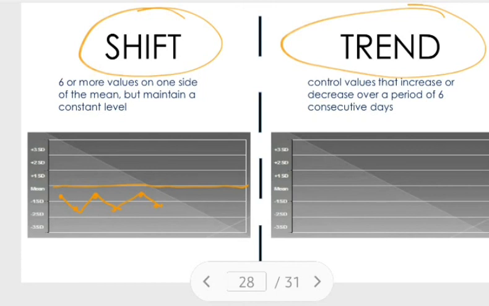Next, we have trend. It is when control values increase or decrease over a period of 6 consecutive days. So it means if this is your mean, 6 values that increase or decrease for 6 consecutive days. So it means 1, 2, 3, 4, 5, 6.